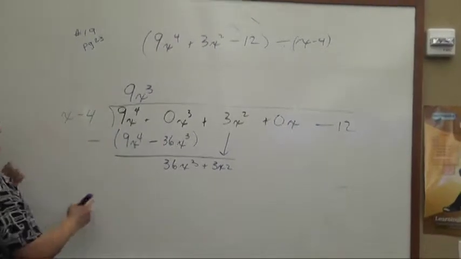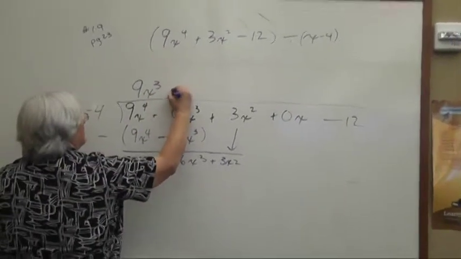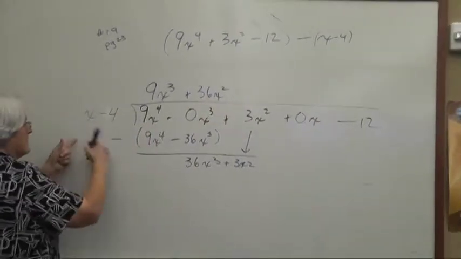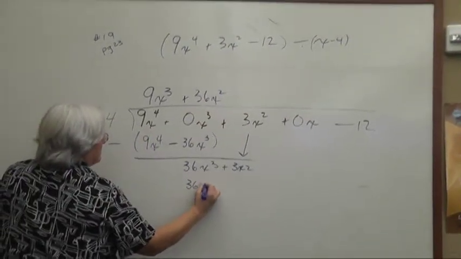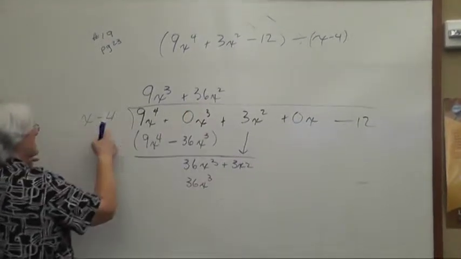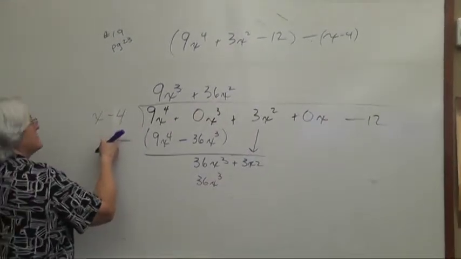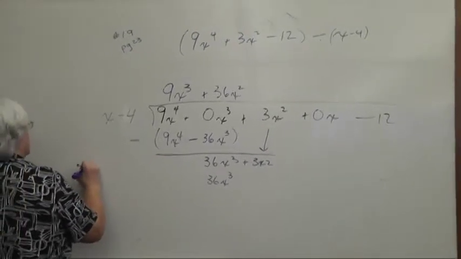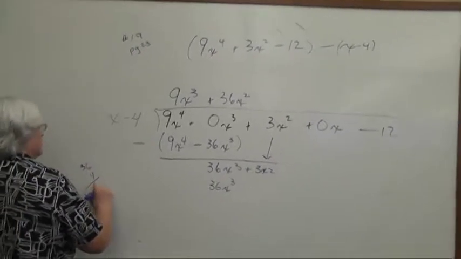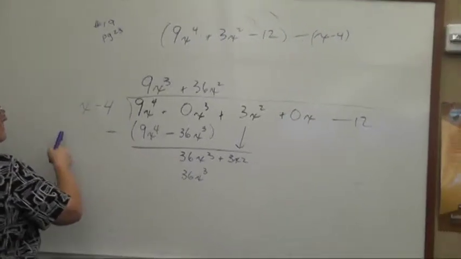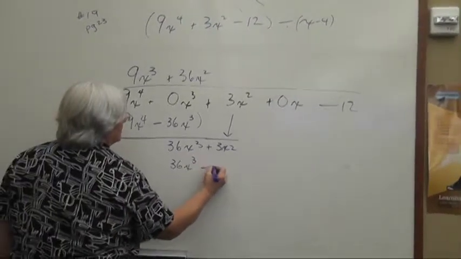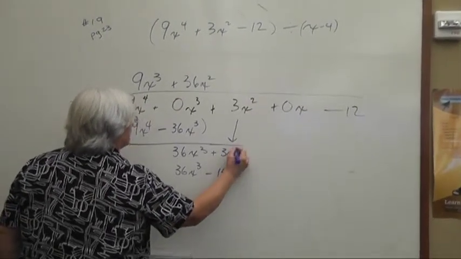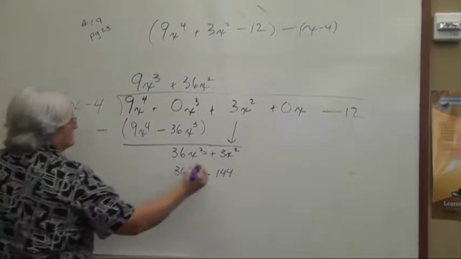X goes into 36x cubed 36x squared times x, 36x cubed. 36 times a negative 4, 36 times 4 is 144. So now we have a negative 144x squared.